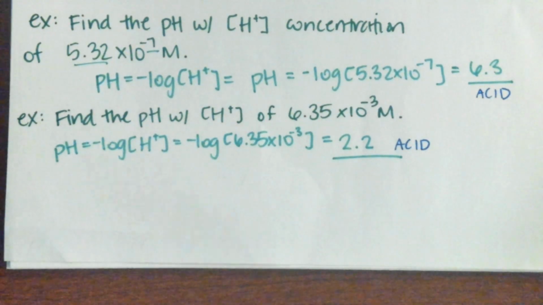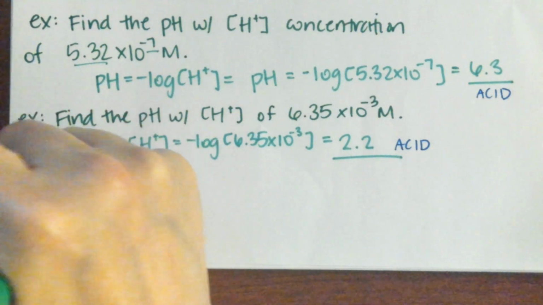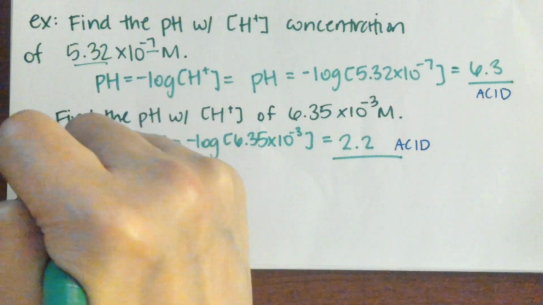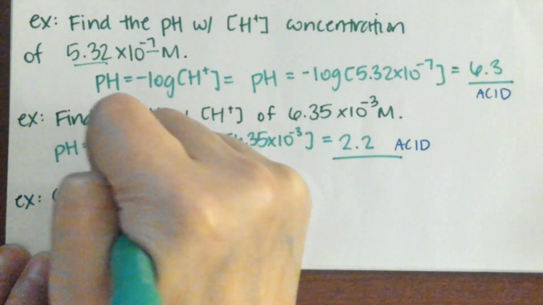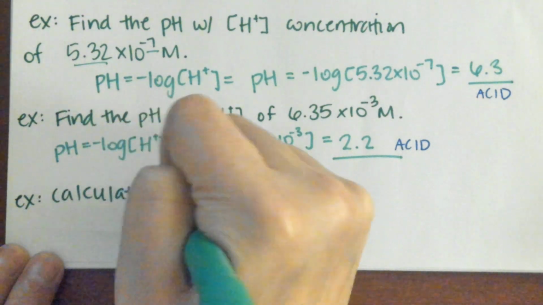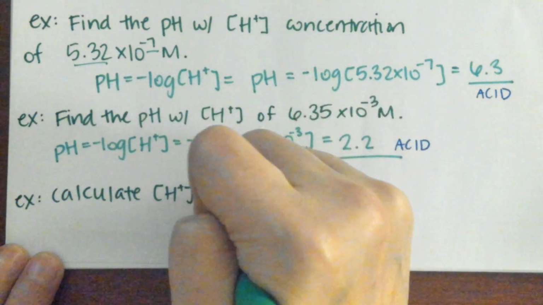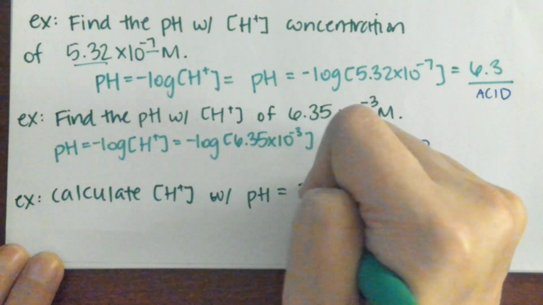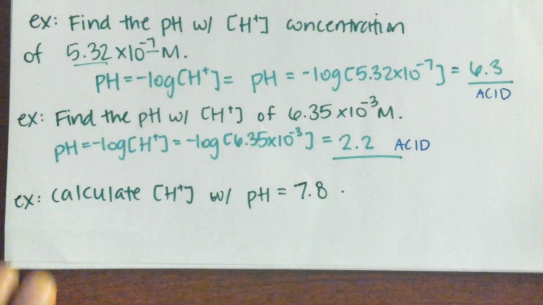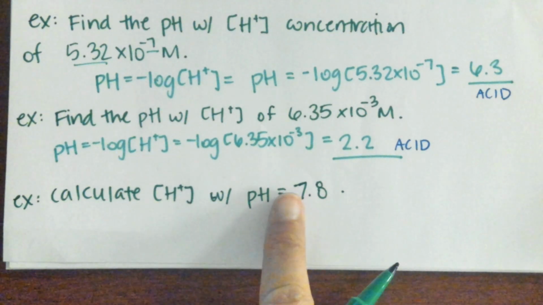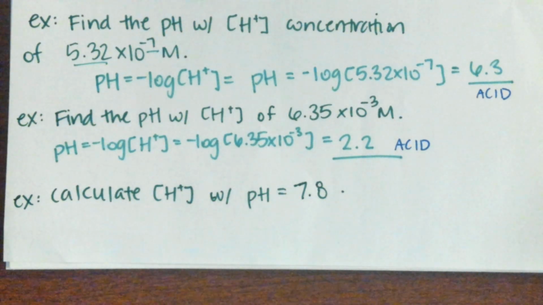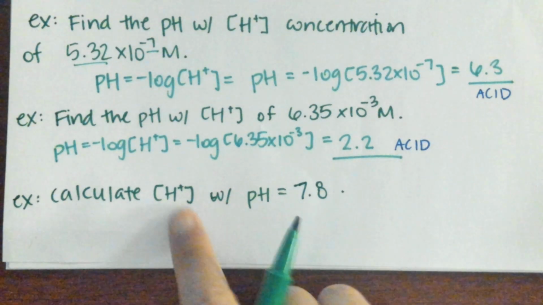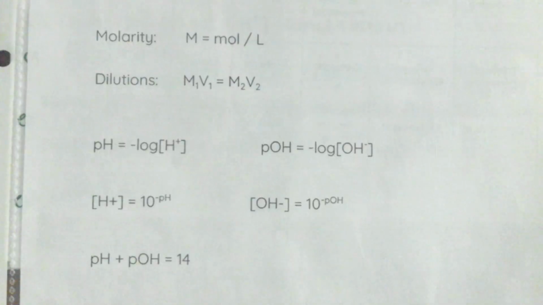Alright, let's switch it up a little bit. Let's say I ask you to calculate the H concentration with pH equals 7.8. So again, H and pH, which one? Since I'm trying to find H, which formula is H equals?